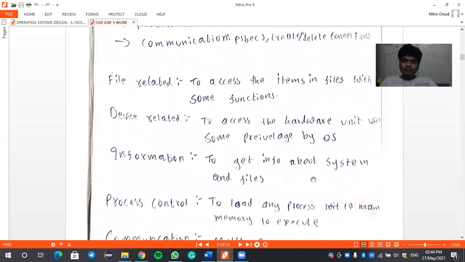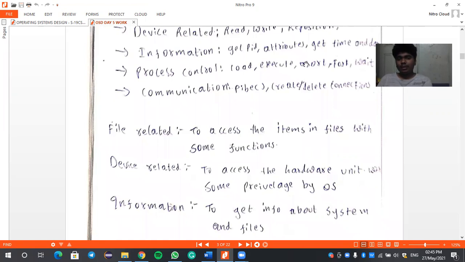Then information related system calls get the info about the system and files. What is meant by information? It is the file name, the file size, the file type, when it was created, whether it was modified, and its format. All these things are dealt with in information.